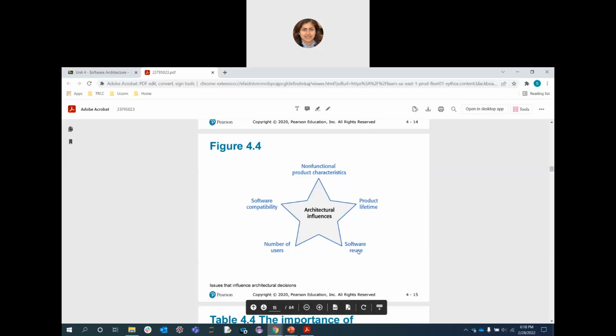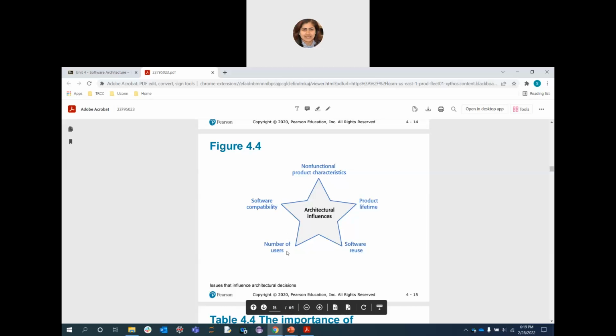Here you can save a lot of time and effort if you can reuse large components from other products or open source software. However, this can constrain your architectural choices because you must fit your design around the software which is to be reused.